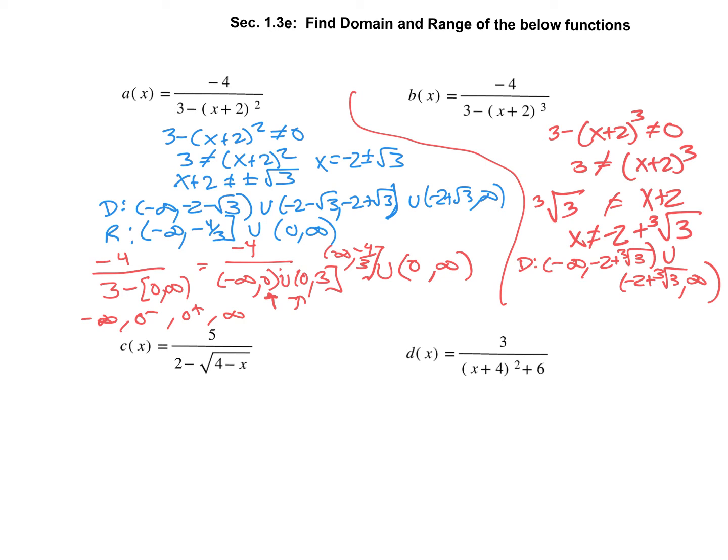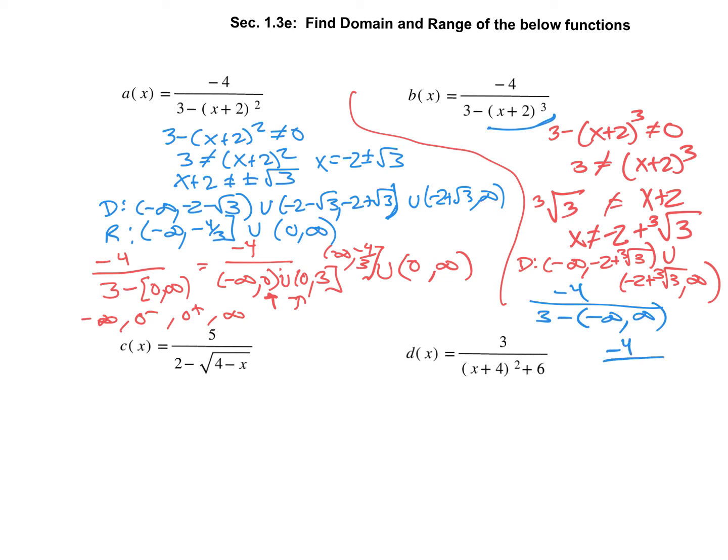As for the range, well, unlike before, where we had a limitation on the variable component, here the range of something odd is everything. So I've got 3 minus negative infinity to infinity in the denominator. Well, that's still going to be negative infinity to infinity when I incorporate the 3 minus.